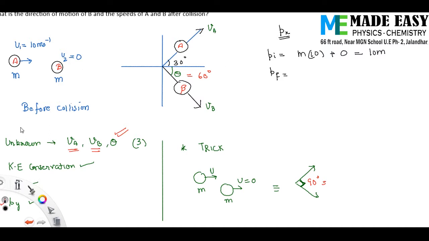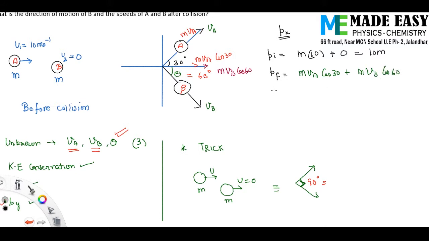Final momentum along the x-axis: you have to resolve both of them. The momentum of this particle is m into VA, so we resolve along the x-axis; the component is m VA cos 30. Similarly, the other body along the x-axis gives m VB cos 60. So the final momentum along the x-axis is m VA cos 30 plus m VB cos 60.